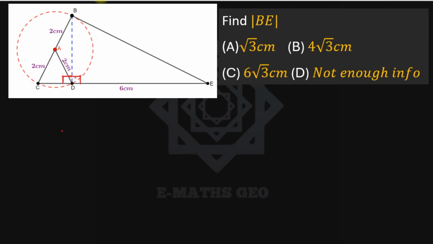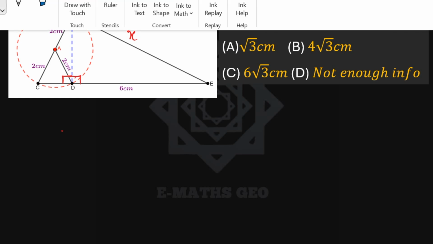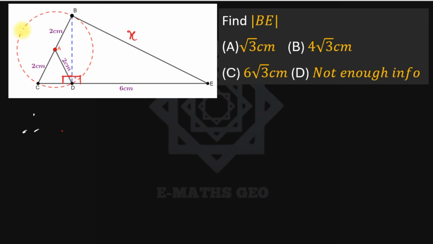From here, we can solve this question because we have a secant line CE and a tangent line BE. We see that BE, let's call it X, so X squared is equal to... but before then, we don't know CD.